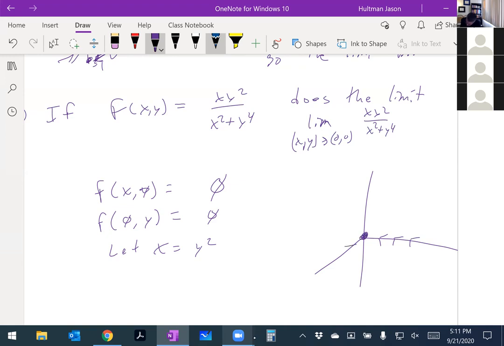If we let y be 0, we definitely go to (0, 0). However, if we let x equal y squared, that's this parabola.